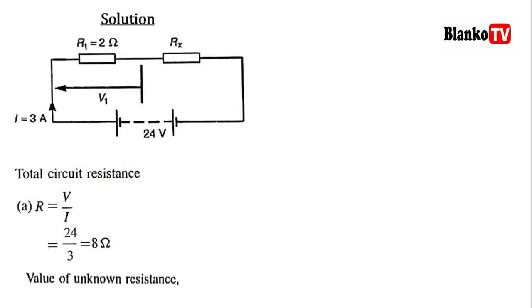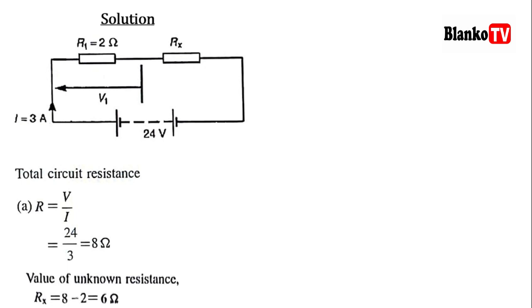So the value for the unknown resistance, RX, is equal to 8, which is the total resistance, minus 2, which is R1, which will give us what? 6 ohms. So our RX, which is the unknown resistance, is equal to 6 ohms.